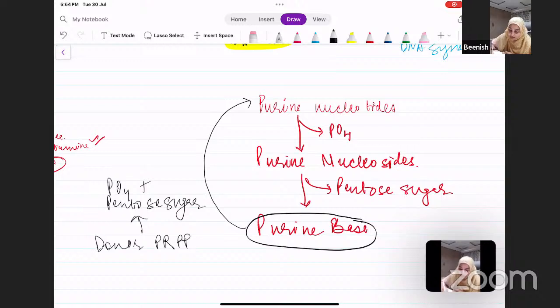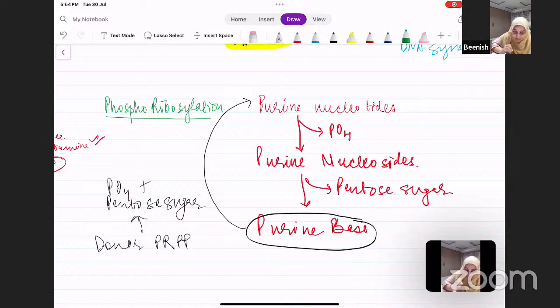This is known as a phosphoribosylation reaction. Why is it known as phosphoribosylation? Because you're adding a phosphate as well as a ribose. So this is salvage 1.